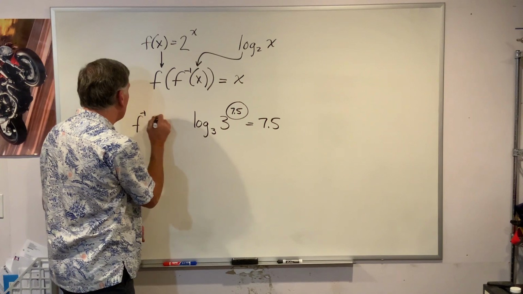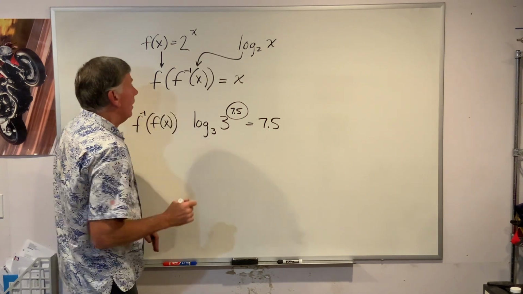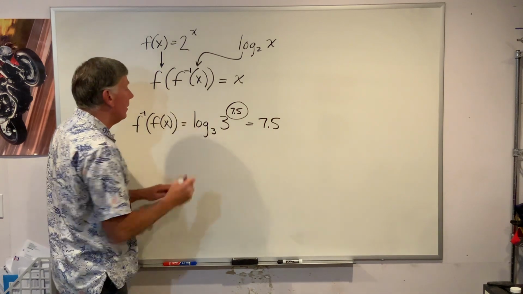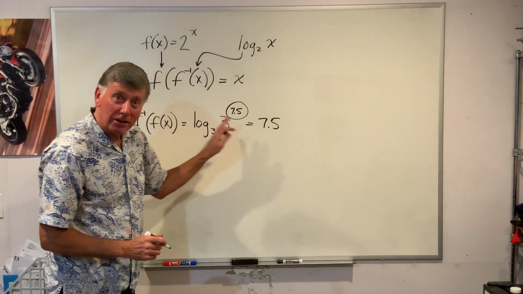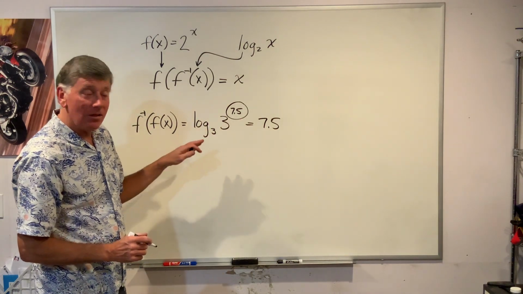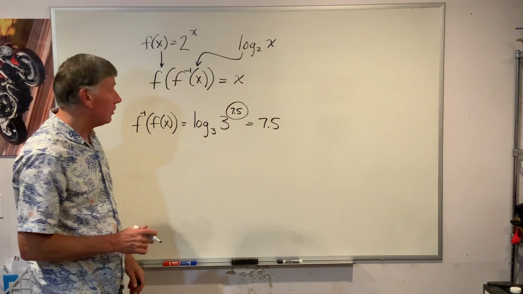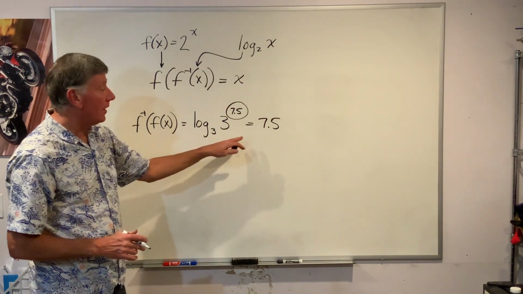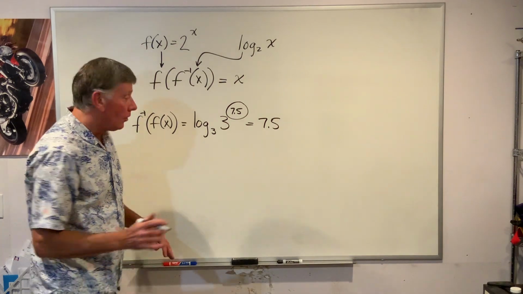I'm doing f inverse of f of x here. This is the inverse function acting upon, composed with, the base function, the function that I started with. And it's simply that. It'll also go the other way.